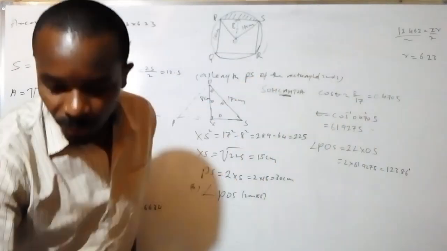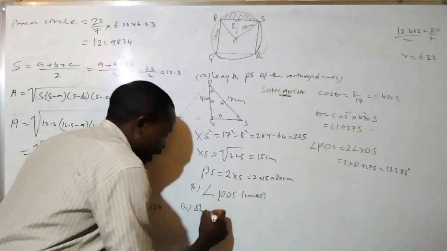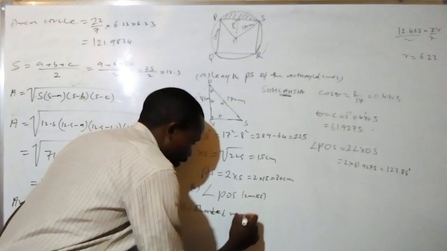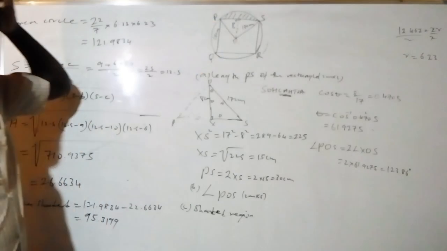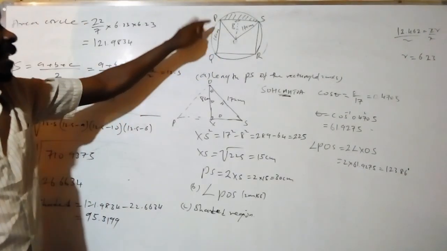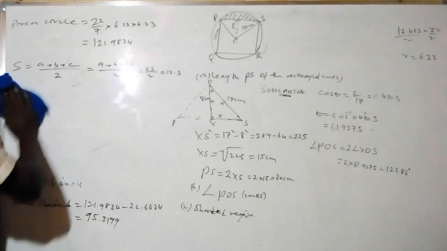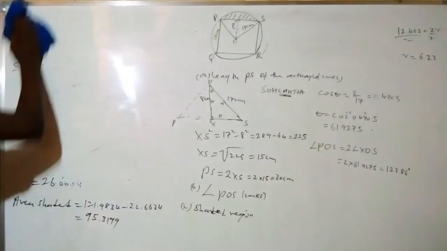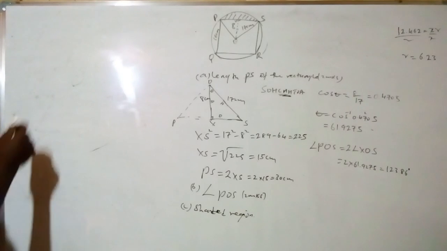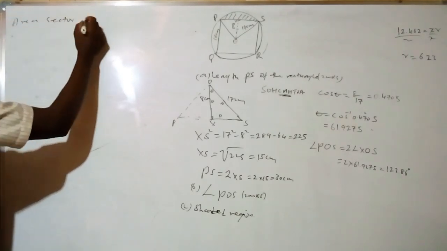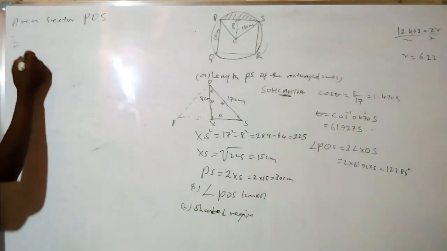The area of the shaded region. To get this shaded region, first of all, you can get the area of the sector POS. The area of a sector is theta over 360 times pi r squared.